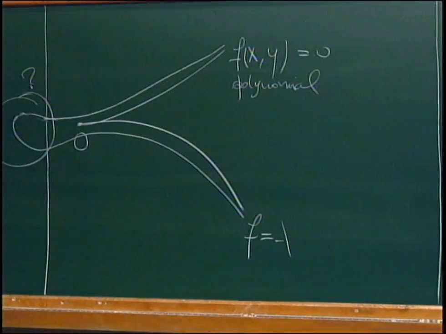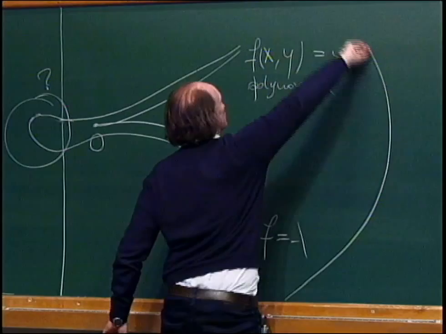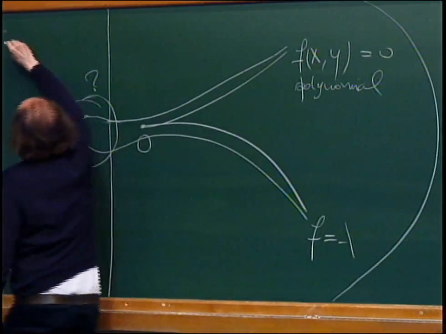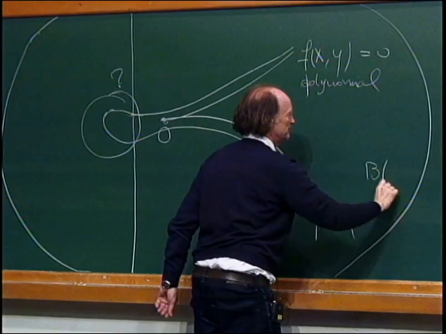So all that is in a small ball, which I draw very big, but it's just the ball of radius epsilon.